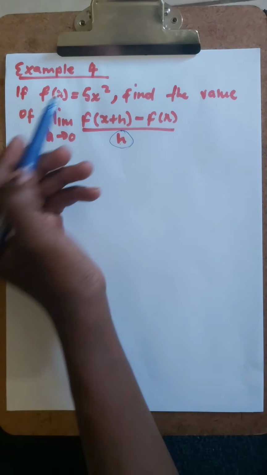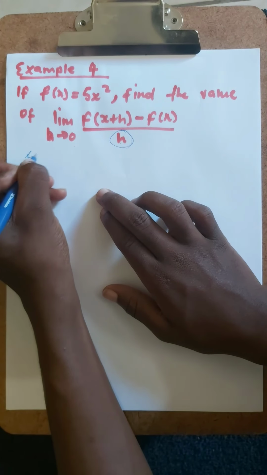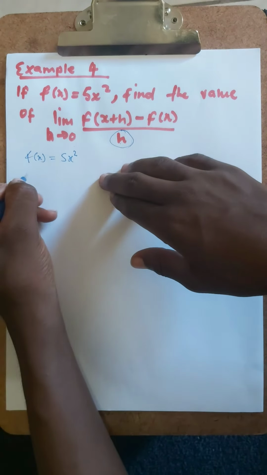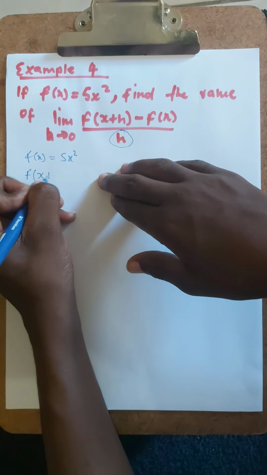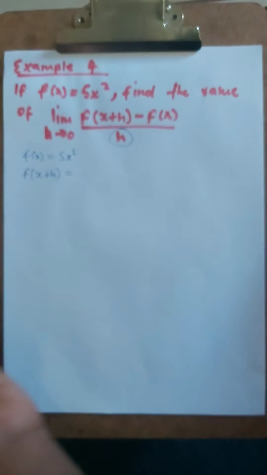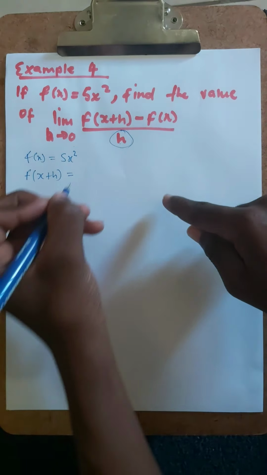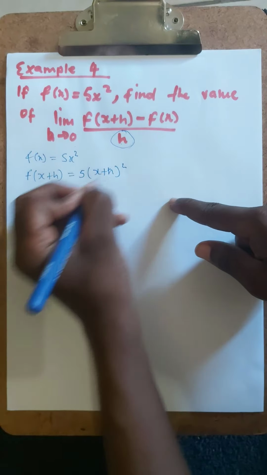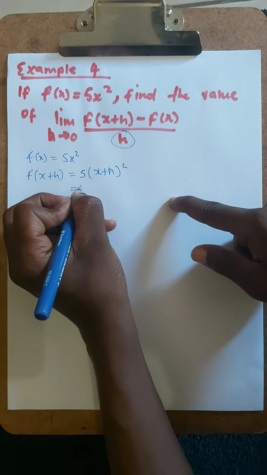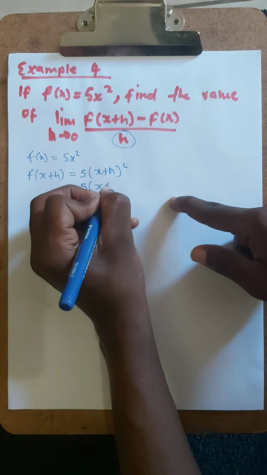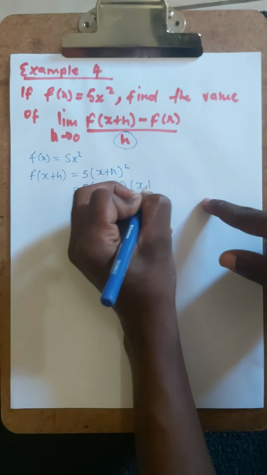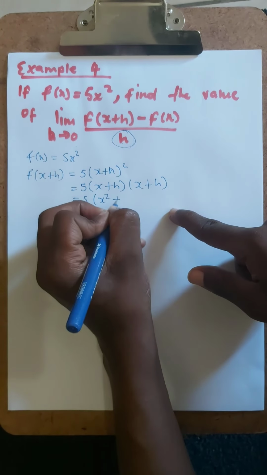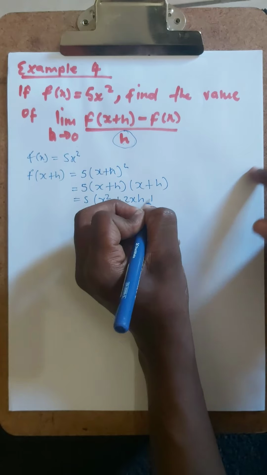So f of x equals 5x squared. Then f of x plus h means x becomes x plus h: 5 times (x plus h) all squared. You expand it: 5 times (x squared plus 2xh plus h squared).